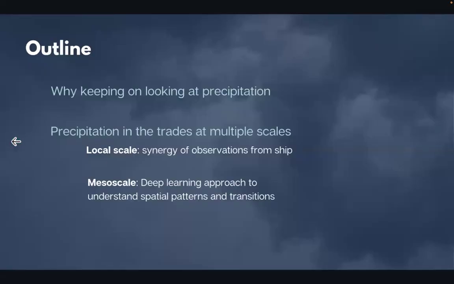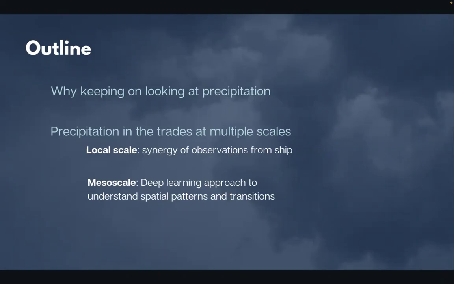Just to give you a brief overview of what I want to talk about. First of all, I would like to highlight why it's worth keeping an eye, again and still, on precipitation. Then I will introduce precipitation in the trades and look at it from different scales. One will be the local scale, exploiting a synergy of observations from the ship where I was during the campaign.